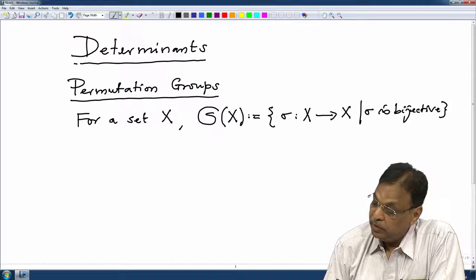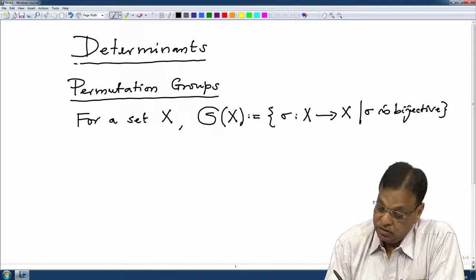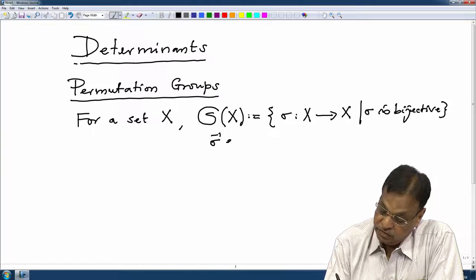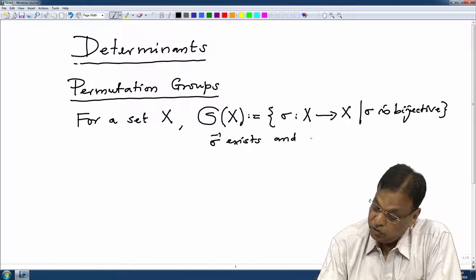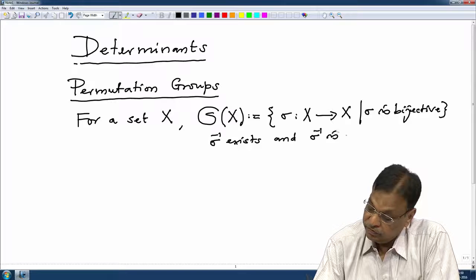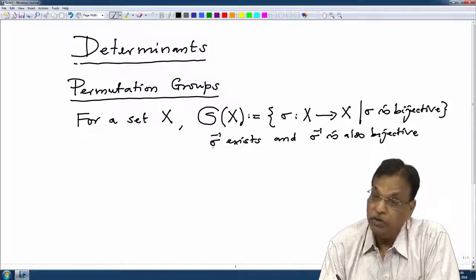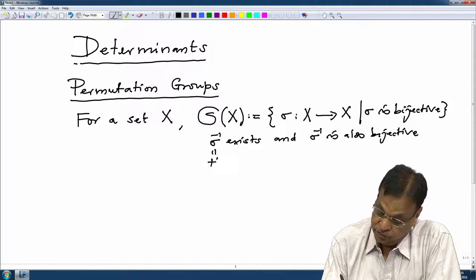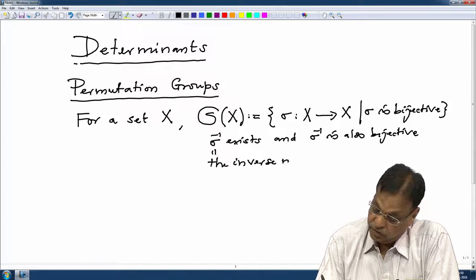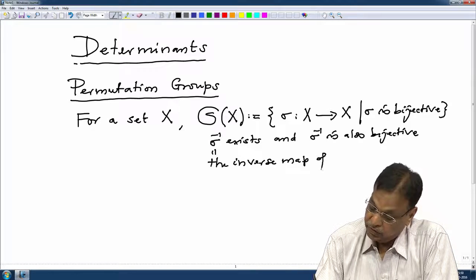Note that if sigma is bijective, then sigma inverse exists, and sigma inverse is also bijective. Sigma inverse is the inverse map of sigma.